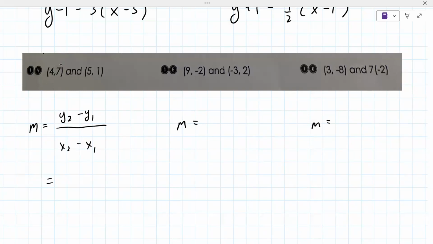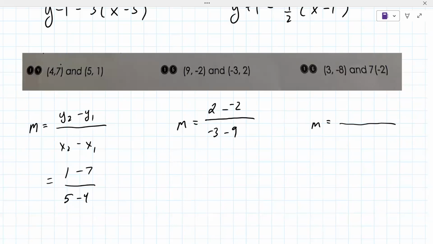So you want to make sure you get the slope correct for each of these. And then you've got the point. So why don't you calculate the slope of each, and then we can write the equation then. Okay.